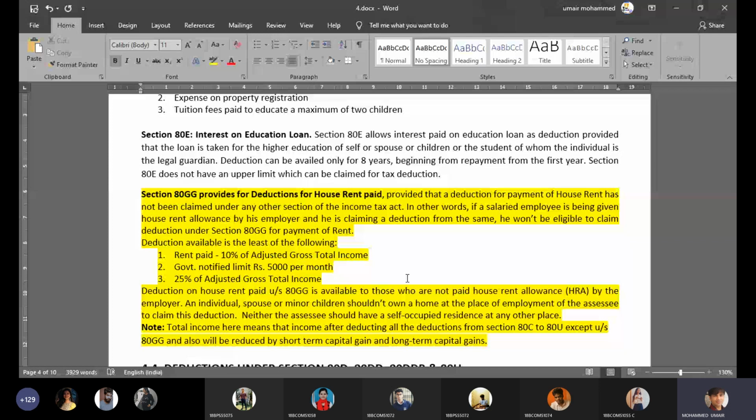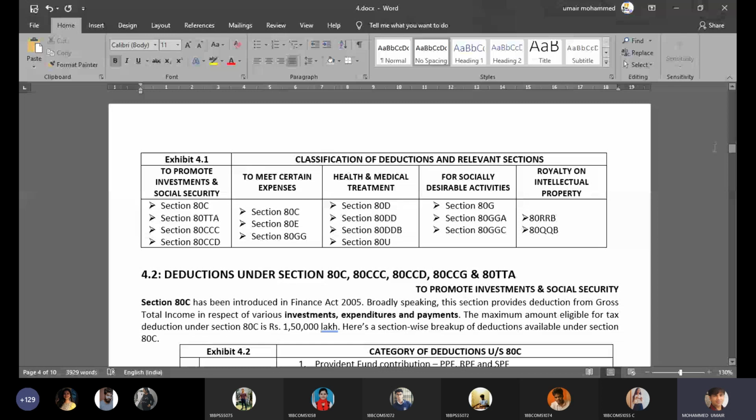So these are the sections that deal with expenditure or expenses. In section 80C, what are the expenses allowed here? Expense number 1, principal repayment of home loan. Expense number 2, property registration charges.